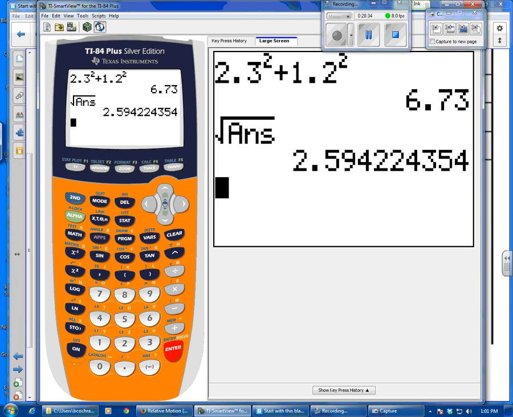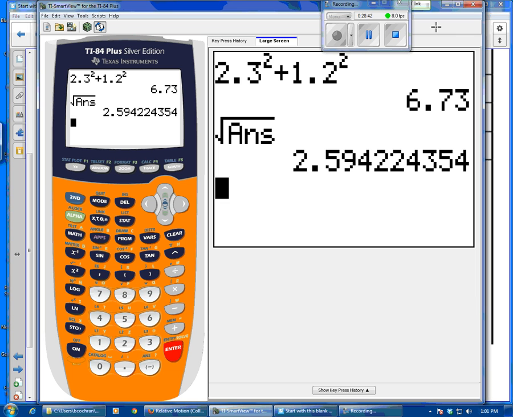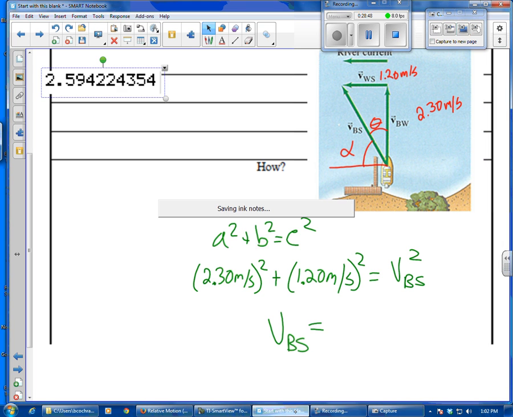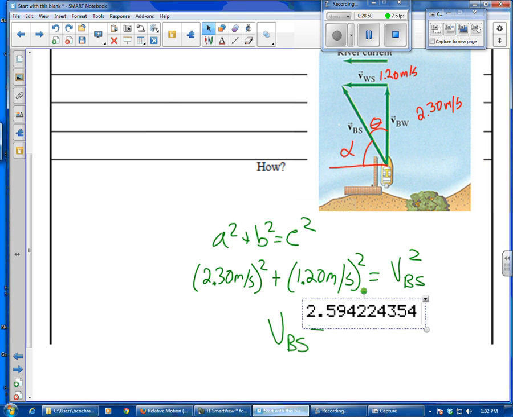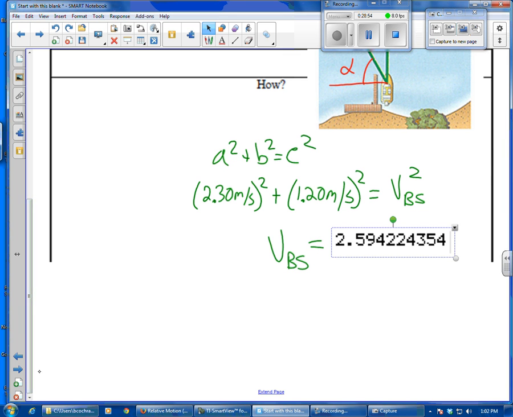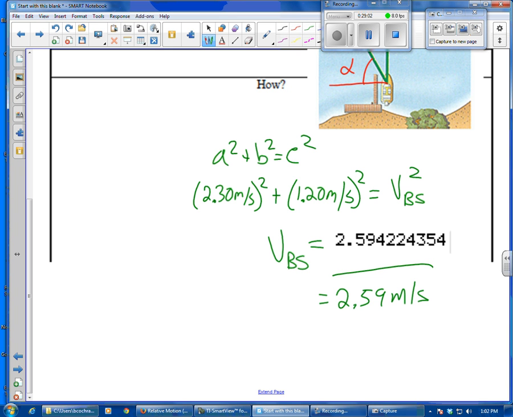Enter. 2.59. And so, of course, rounding that to 3 figs, I get 2.59 meters per second.